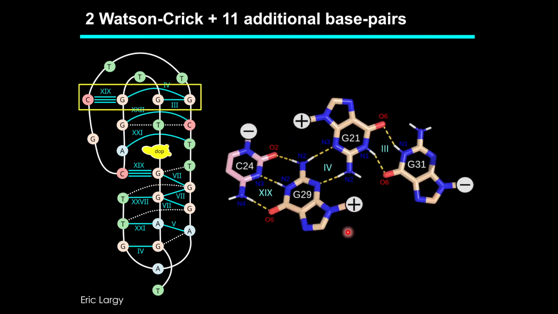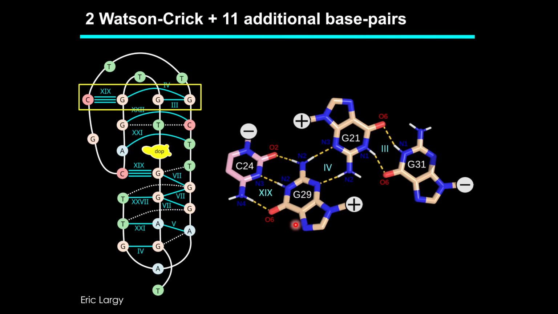If I go a little deeper, I want to show you again some of the different characteristics. Now we have, at the very top of this DNA aptamer, this interaction going on here. Here is one of the 2 Watson-Crick pairs right here, C24 and G29. You can tell it's Watson-Crick because it's 3 hydrogen bonds between G and C, and they are anti-parallel. The plus and minus is whether the phosphate backbone comes out of the screen or into the screen.